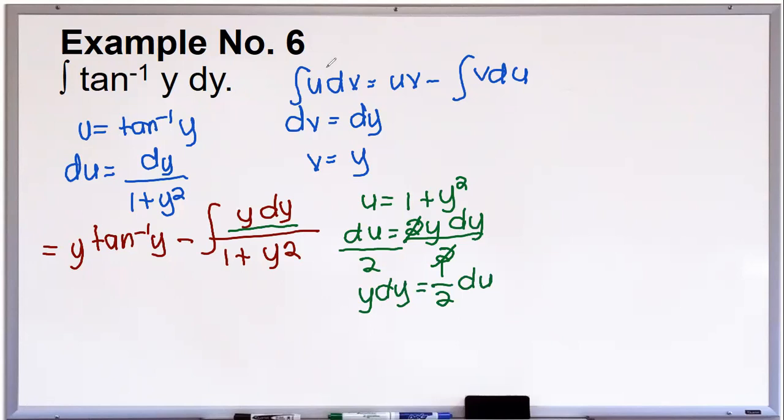Okay. So let's go back to the problem. So this will be y arctan of y minus. So ilabas na natin si 1/2. So integral of du over u. So ano ang integral ng du over u?